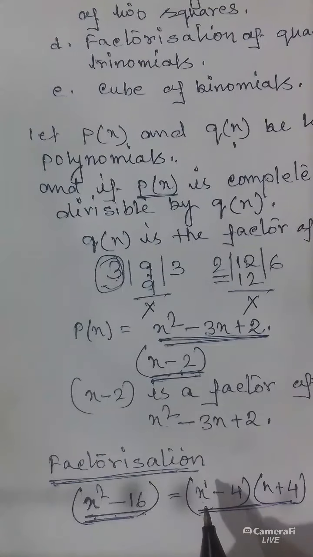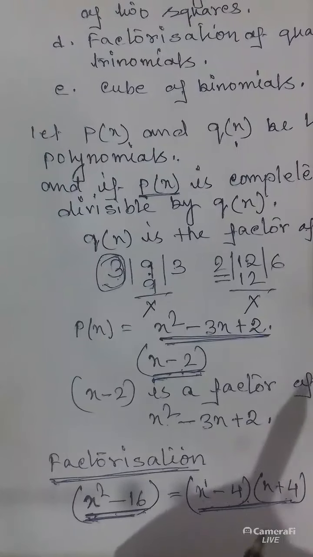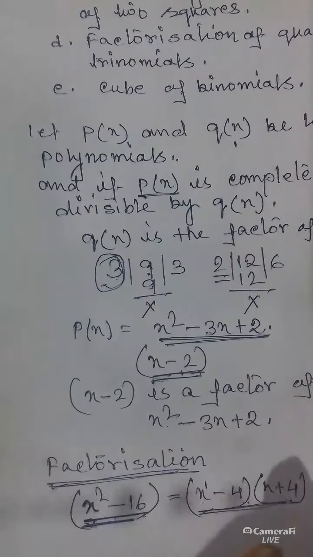To express a given polynomial as the product of polynomials, each of degree less than that of the given polynomial. Clear?